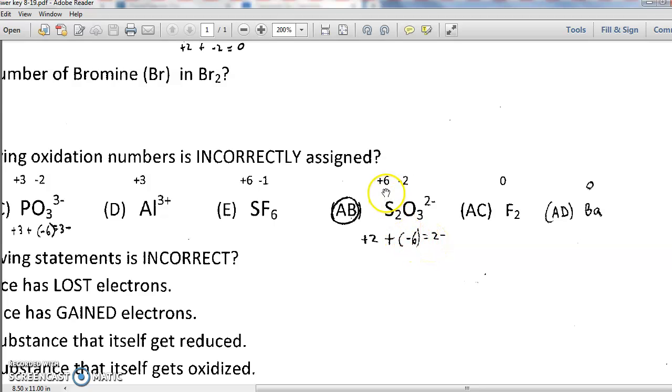So the sulfur can't be +6. If the sulfur was +6, we would have 2 sulfurs at +6. That would be +12. +12 minus 6 is nowhere close to the -2 it needs to add up to. So they have the sulfur wrong here. The oxygen is -2. The sulfurs are going to have to be +2. We've got 2 of them for a total of +4.